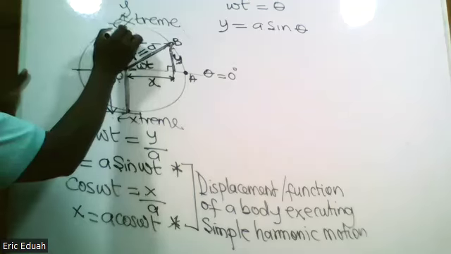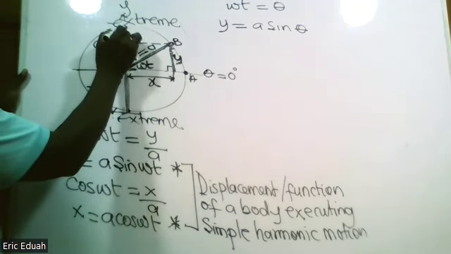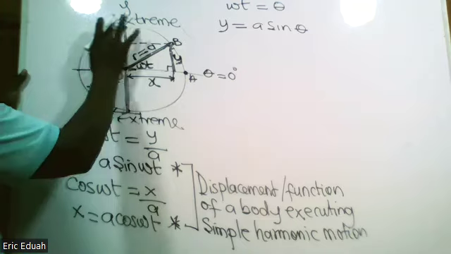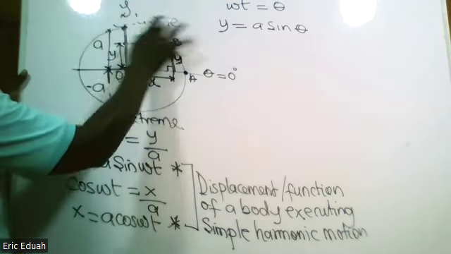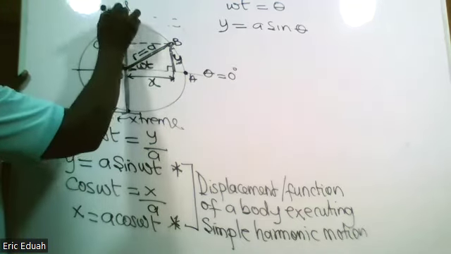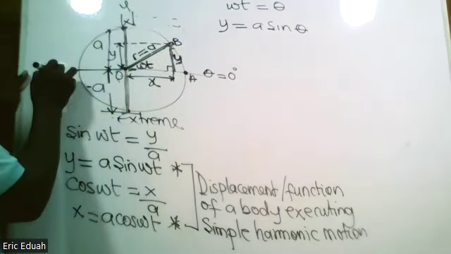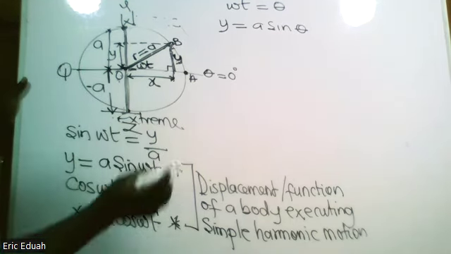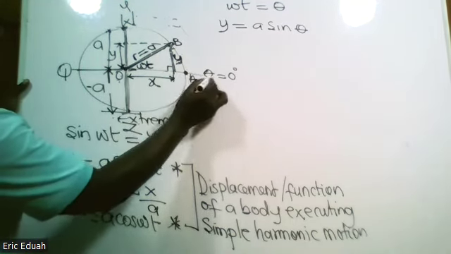When the body moves to, let me name it with A, W, Q, Z. The body at A, theta is 0.